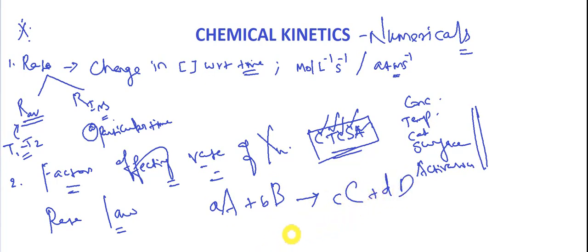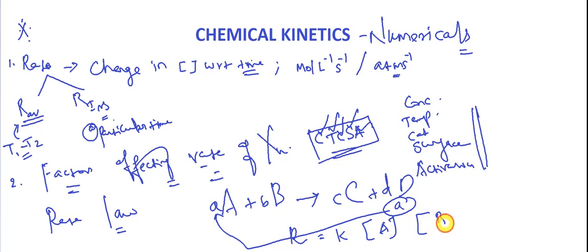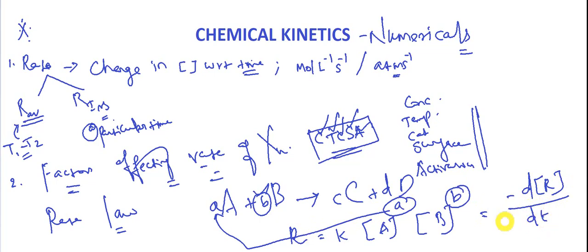If you have to write the rate of this reaction, it can be written as R is equal to k into concentration of A raised to its power, say a. This power may or may not be equal to its coefficient. Concentration of B raised to its power b, which may or may not be equal to its coefficient. This can be written as minus dR by dt. That's it. This is the rate law.